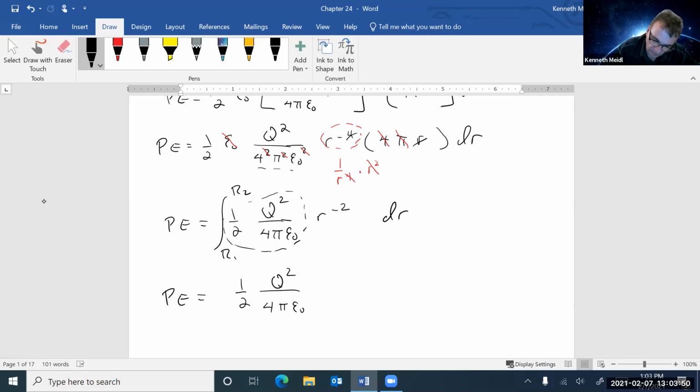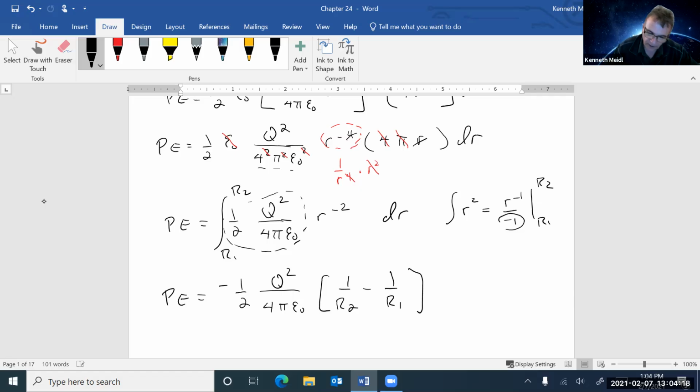And then when you integrate that right there, that becomes r to the -1, and you divide by the new power. And I've got limits of integration. I'm going from one plate to the other plate here. And so this right here, I'm going to bring this as a minus sign out front. And I've got then 1 over R2 minus 1 over R1, something like that. Okay.